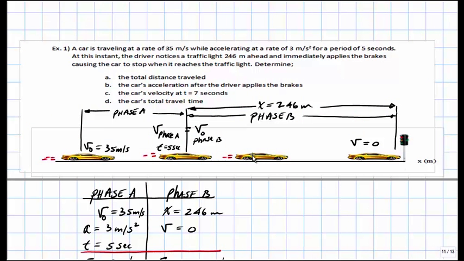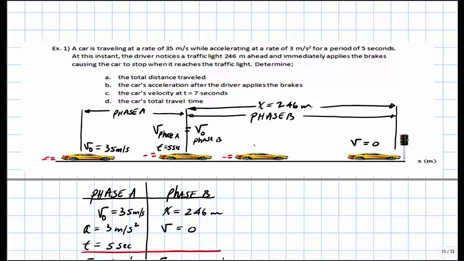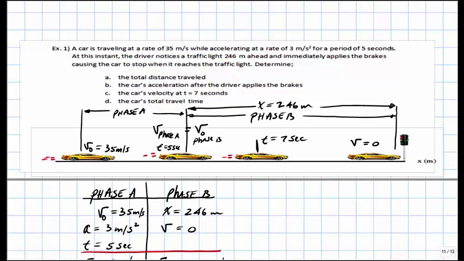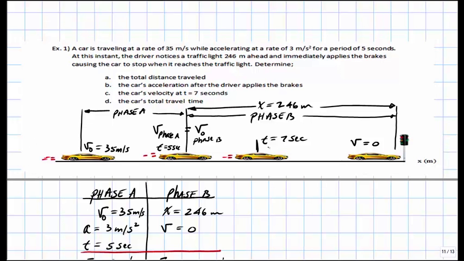So here's our diagram, and this is a good time to note that the time for the car's location, which is right here, is 7 seconds. But that's the total time. If we're going into phase B, we need to apply the time that we're spending only within phase B. So if we just do a simple subtraction of 7 minus the first 5 seconds, we'll note that the time that is useful within the equations is actually 2 seconds.